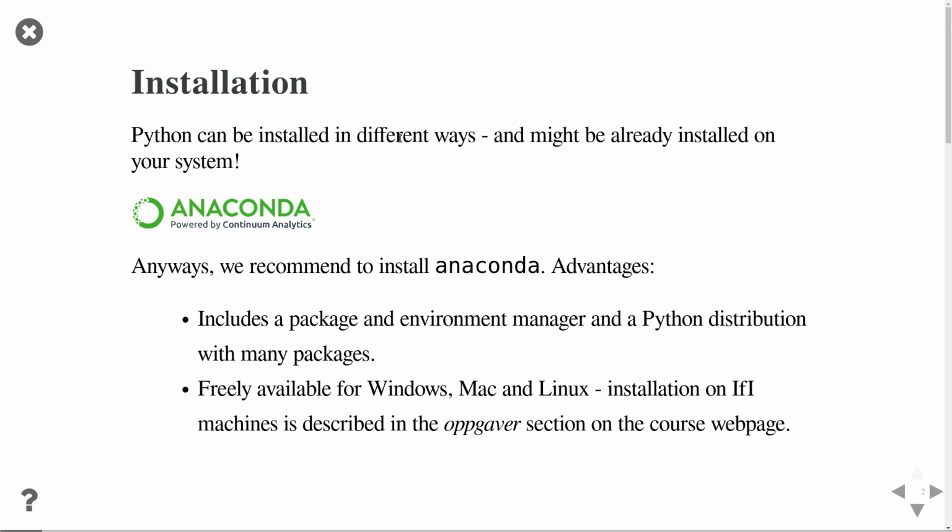So Anaconda is not just a Python installation, but it's an entire distribution that comes with the Python interpreter itself. But it also comes with a package manager. So a package manager allows you to install additional packages into your Python environment, and even a so-called environment manager.